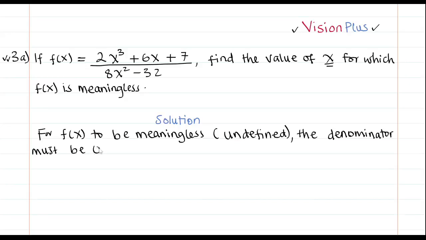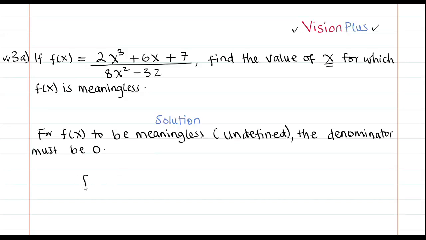In other words, the values of x that make this function meaningless are those values of x that make the denominator 0. So to solve that, we simply need to find the values of x that make the denominator 0.